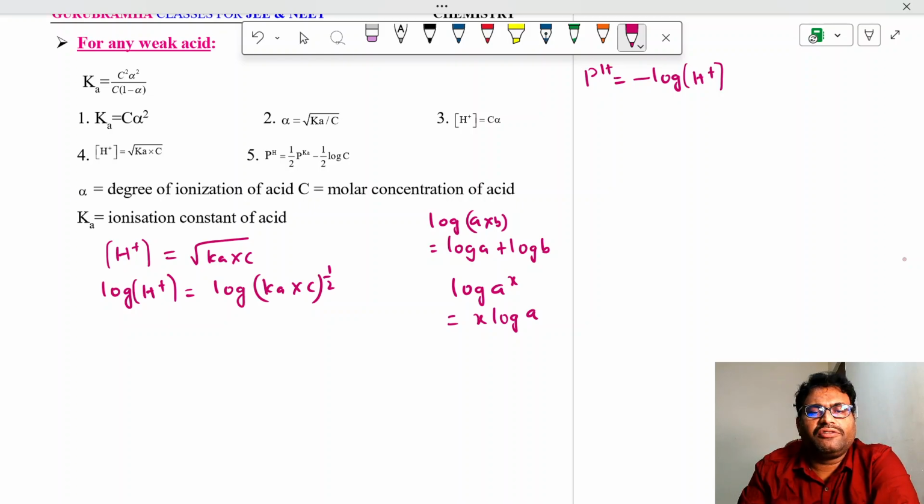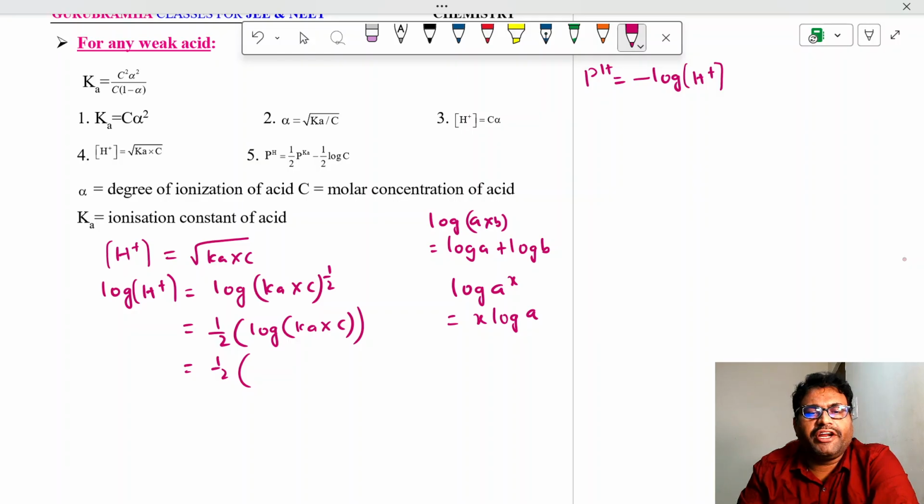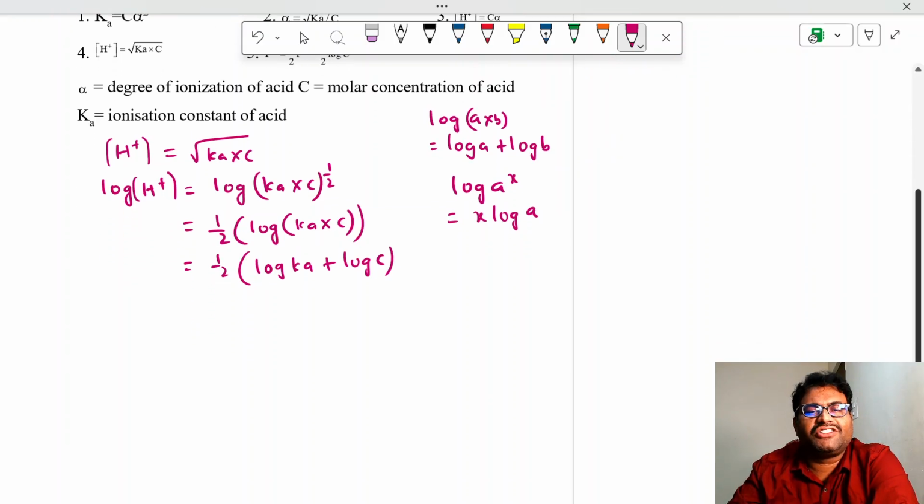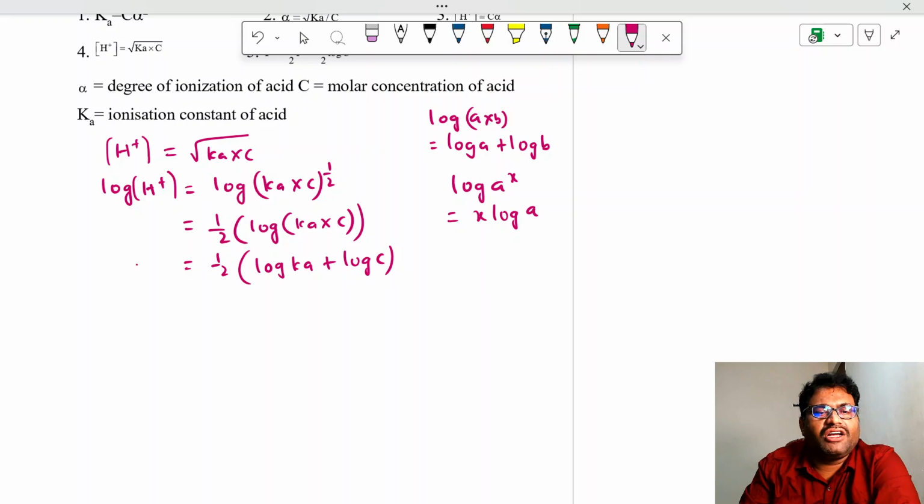So this can be written as log A power x, then I write it as half into log Ka into C. Then log A into B is equal to log A plus log B, like log Ka into C is equal to log Ka plus log C. Understood?